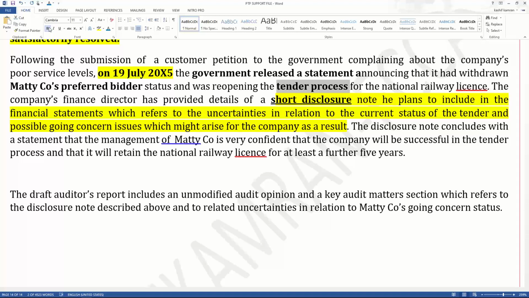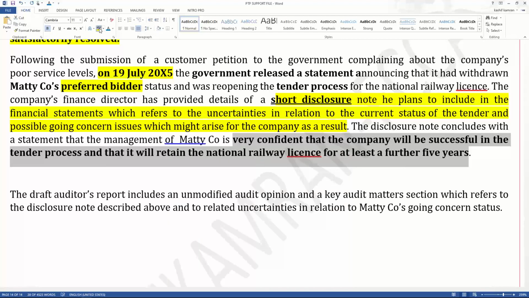They are no more a preferred bidder, but are they still part of the tender process? The company is taking a very subjective stance that they're still confident they will win the license for the next 5 years. This seems like a very subjective judgment, as if they're fabricating the mindset of the shareholder, telling them, don't worry, we will still get the license. So it is a material uncertainty, right?